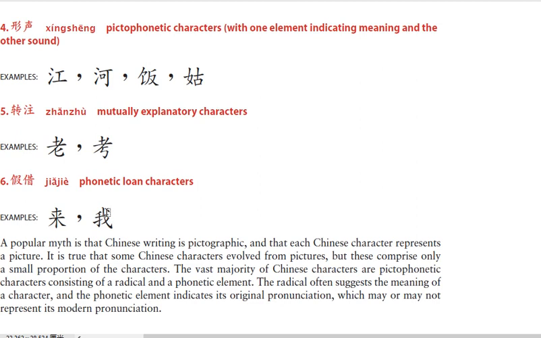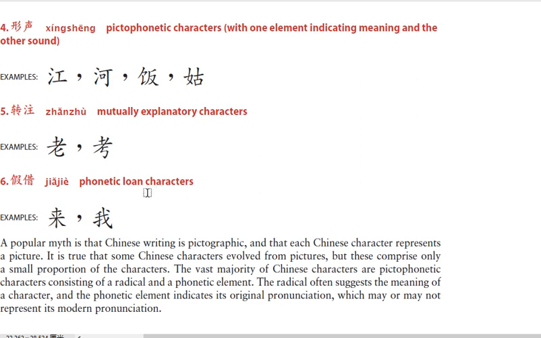So those kinds of characters are actually wrong characters, but used by a lot of people for a very long time, and then gradually it has another meaning. Those characters are called phonetic loan characters.